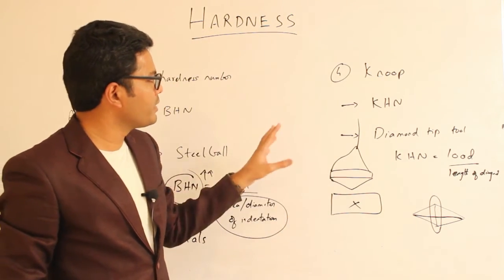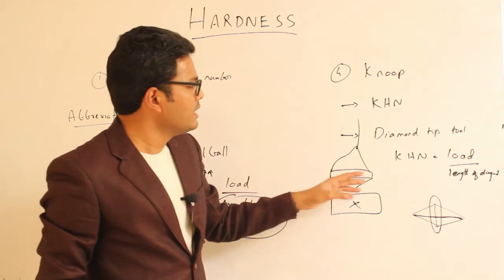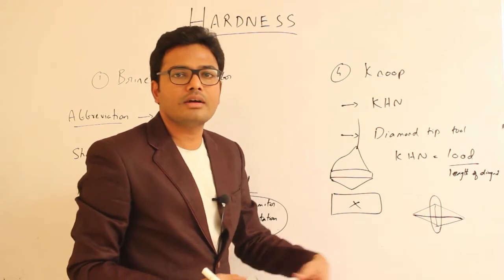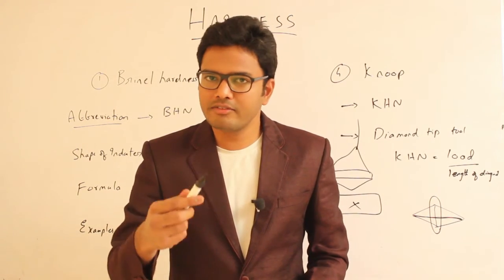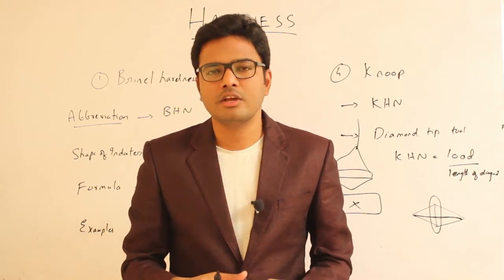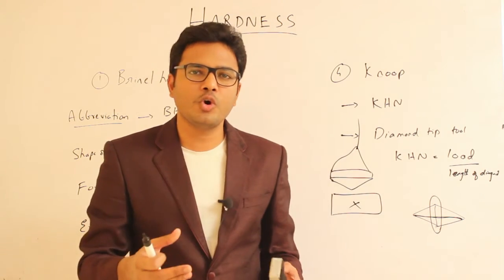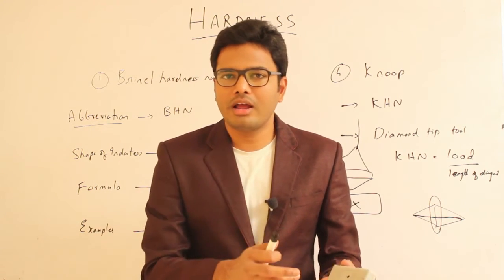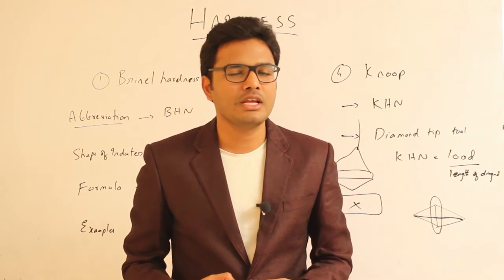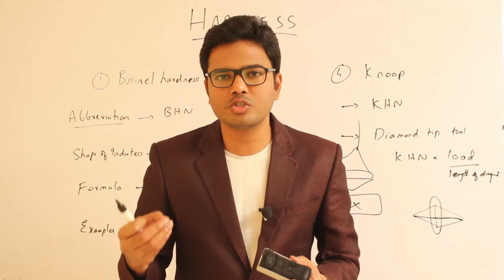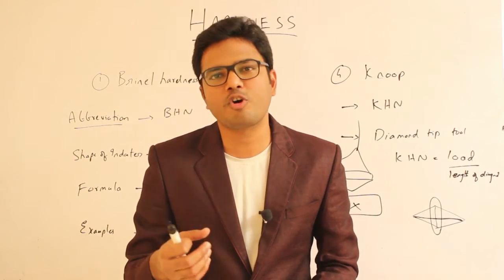So this is in brief regarding various hardness tests, and apart from these regular hardness tests, we have other tests such as Shore and Barkol. Shore test is used to evaluate the hardness of elastomeric impressions, whereas Barkol is used to evaluate the hardness of resin composites.